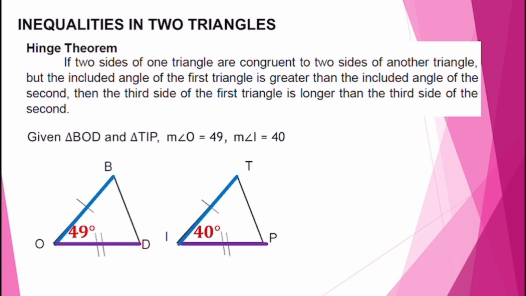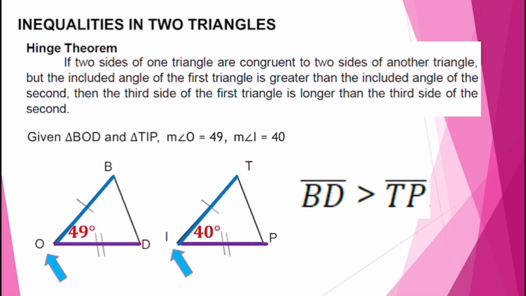In triangle BOD, angle O is the included angle of sides BO and OD, while in triangle TIP, angle I is the included angle of sides line segment TI and line segment IP. Since angle O is equal to 49 degrees, while angle I is equal to 40 degrees, then line segment BD is greater than line segment TP.